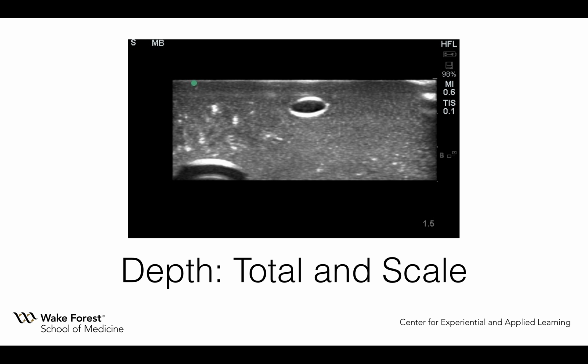On this machine, it's a little bit harder to see, but there are little dots along the right side of the ultrasound picture that start at the top of the ultrasound image itself and then come down towards the 1.5. And so if you combine that with knowing the total depth is 1.5 centimeters, we know that the brightest dot is a whole centimeter and the smaller dot is half a centimeter.